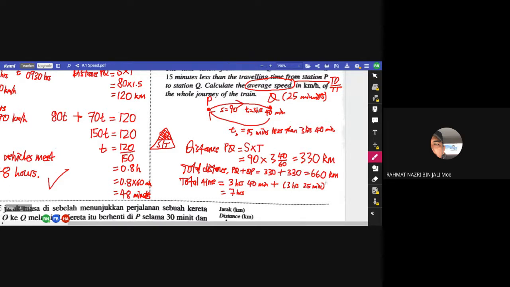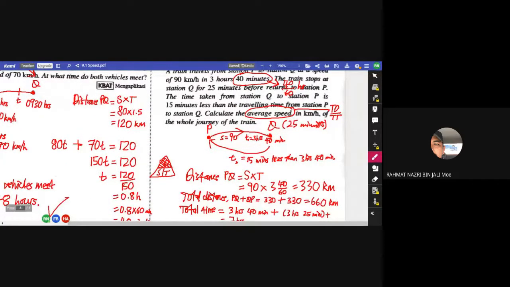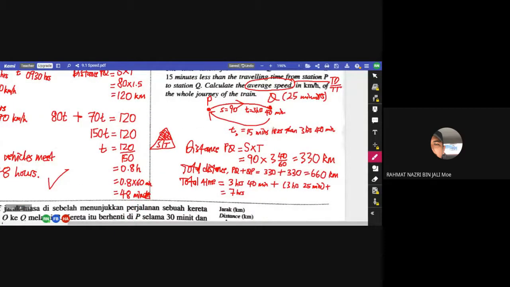Okay, one more is we have to plus the time for resting. The train stopped at station Q for 25 minutes, plus another 25 minutes. So when we plus all here, we get 7 hours and 30 minutes.